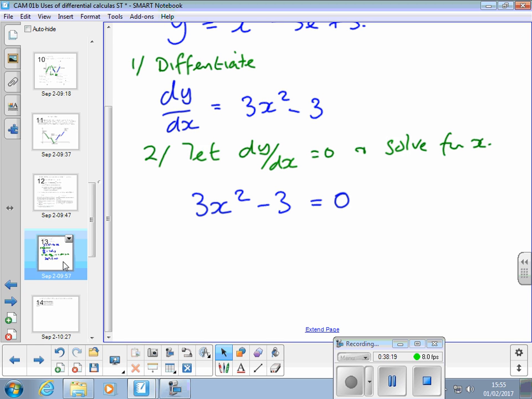How do we solve that? It's gone back to last year's maths, without doubt. Quadratic formula. Can you remember it?